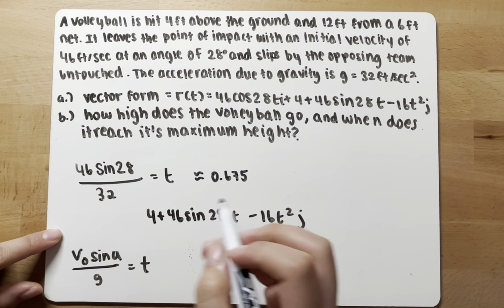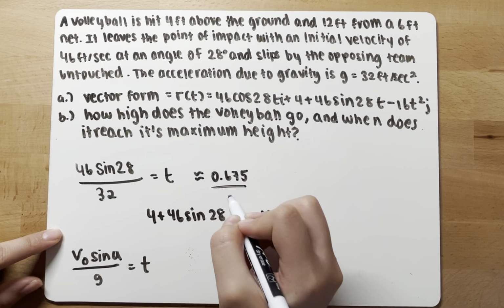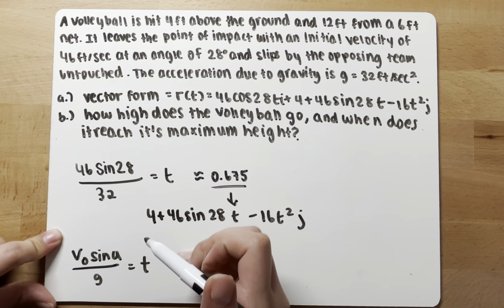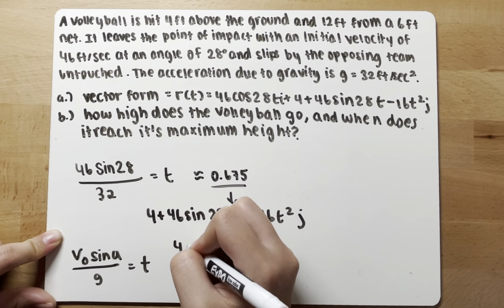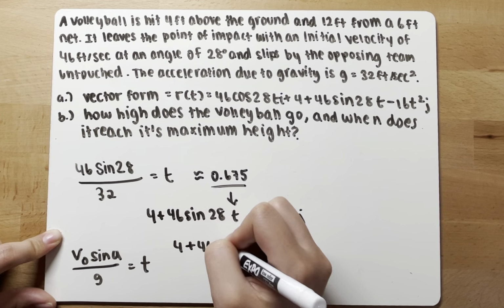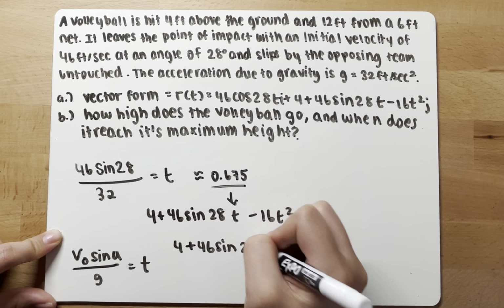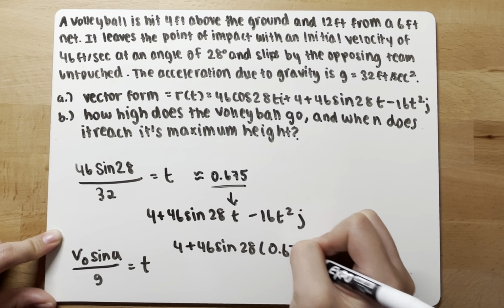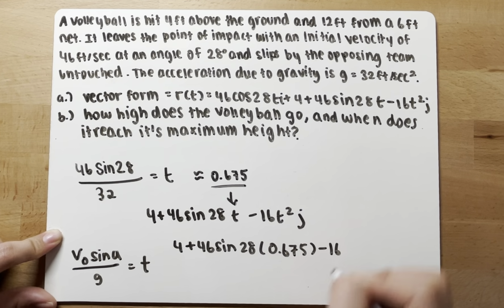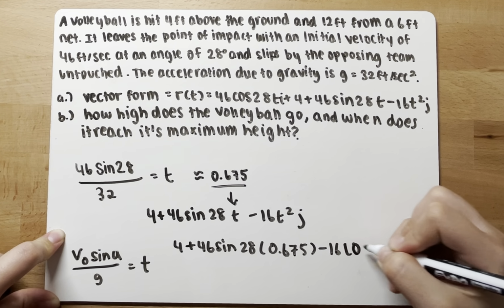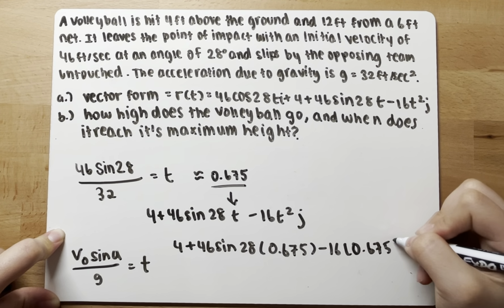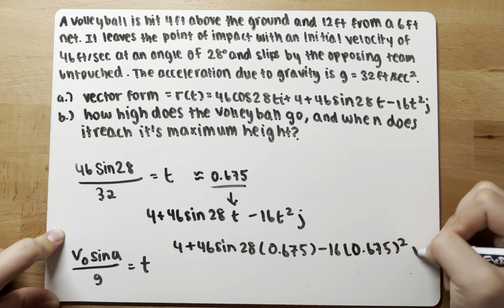Okay, substitute this into here. We then have 4 plus 46 sine 28 times 0.675 minus 16 times 0.675 squared j.